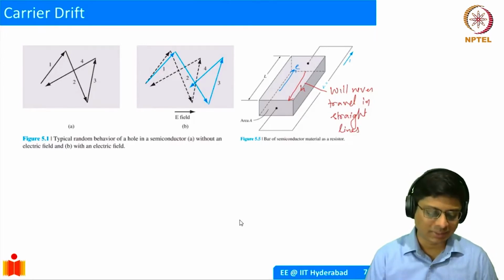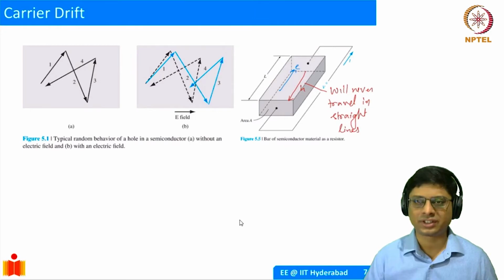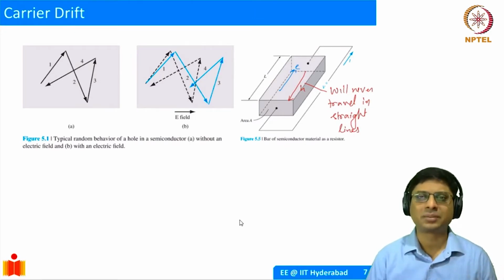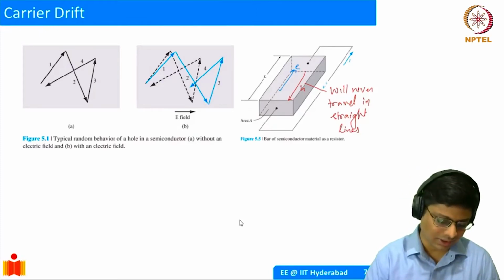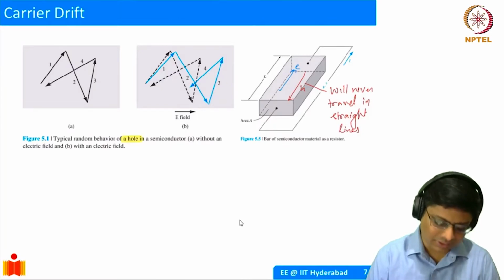Something similar happens. If you consider a situation where you don't have any external field, electrons will simply keep colliding because there is a certain amount of thermal energy, because there is a finite temperature, let's say room temperature. Electrons will keep moving in random directions. Here this is actually for a hole, but the exact same thing applies for an electron as well.